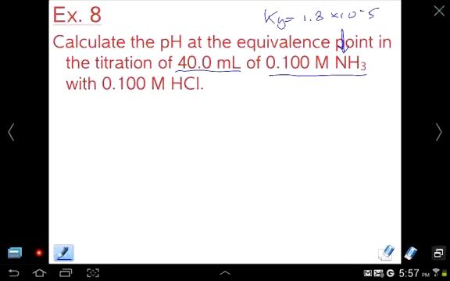So we'll have to find out how many moles we have, and then how many moles we'll have of the acid. Now, actually, here we're asking for the pH at the equivalence point. So we will be neutralizing all of our base.